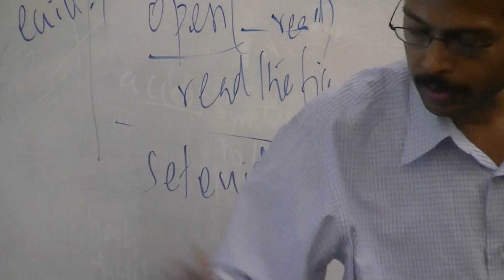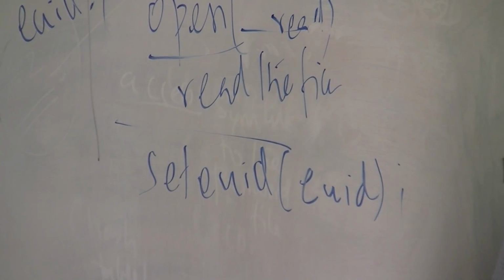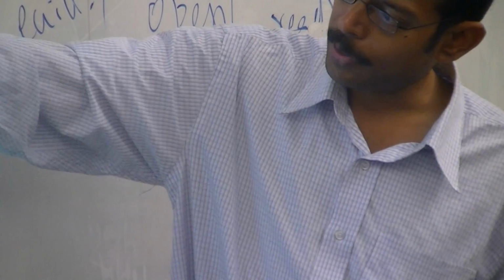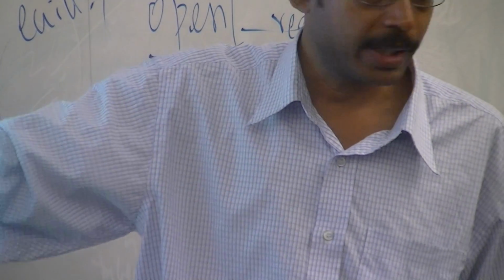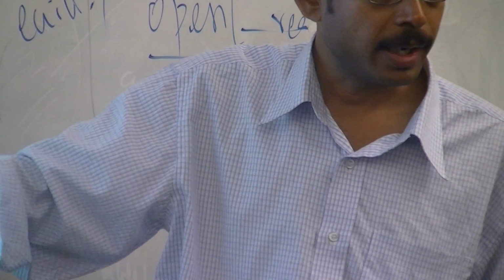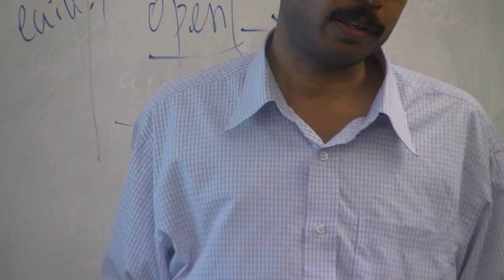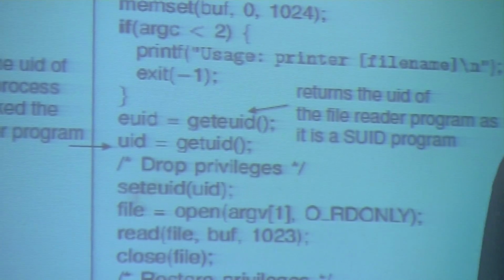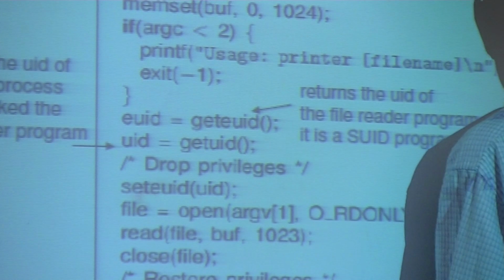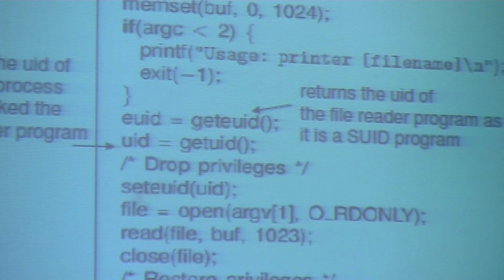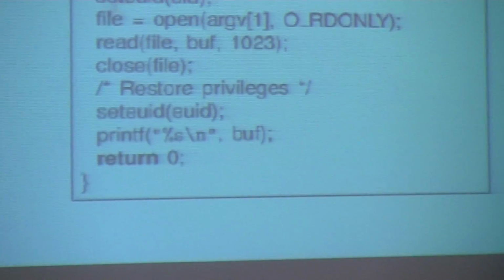So I drop the privileges, then open and read the file, and then I restore the privileges by setting the effective user ID to root. So from this point onwards, this program can be run as a set UID program.